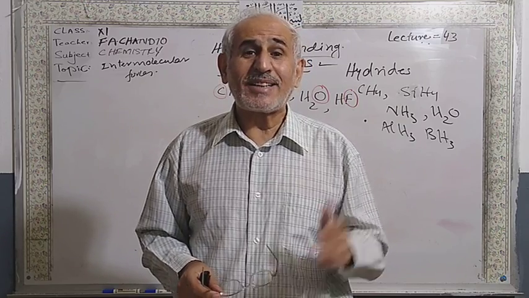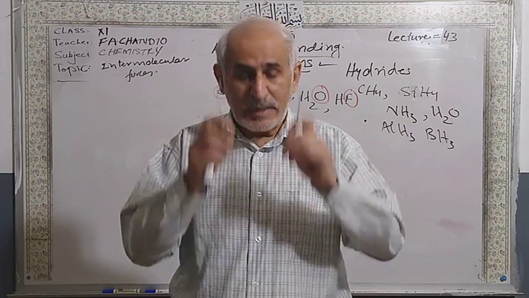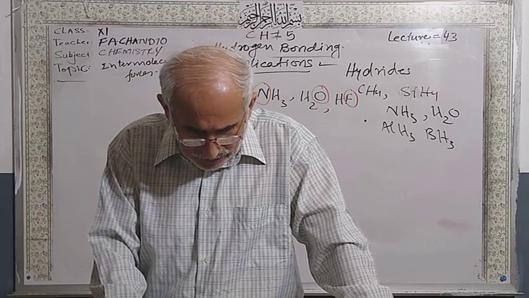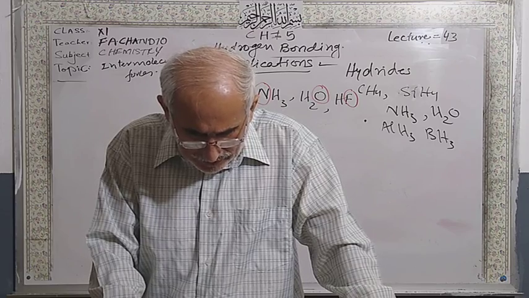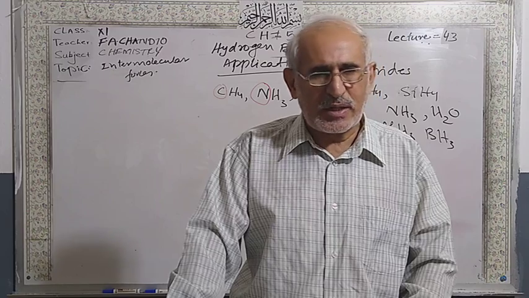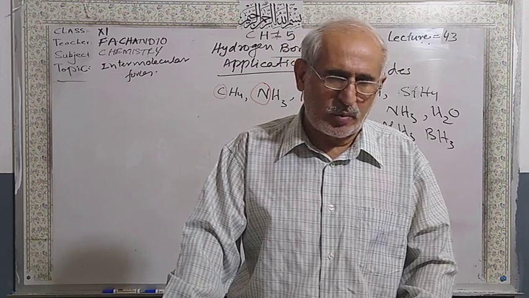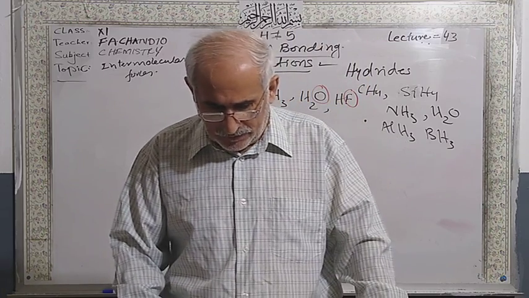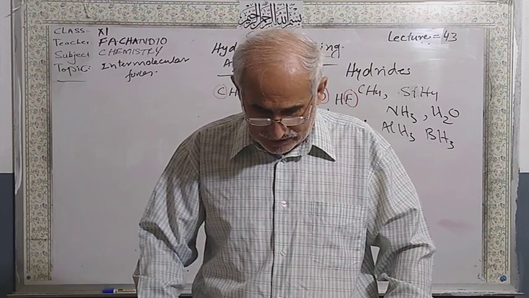That's why hydrogen chloride, the gas, must be in the negative. But if you pass from hydrogen chloride to hydrogen bromide and hydrogen iodide, you can see the difference of the boiling point is going to increase. Already I told you polarity is going to increase, and involvement of the d and f electrons and size is going to increase.